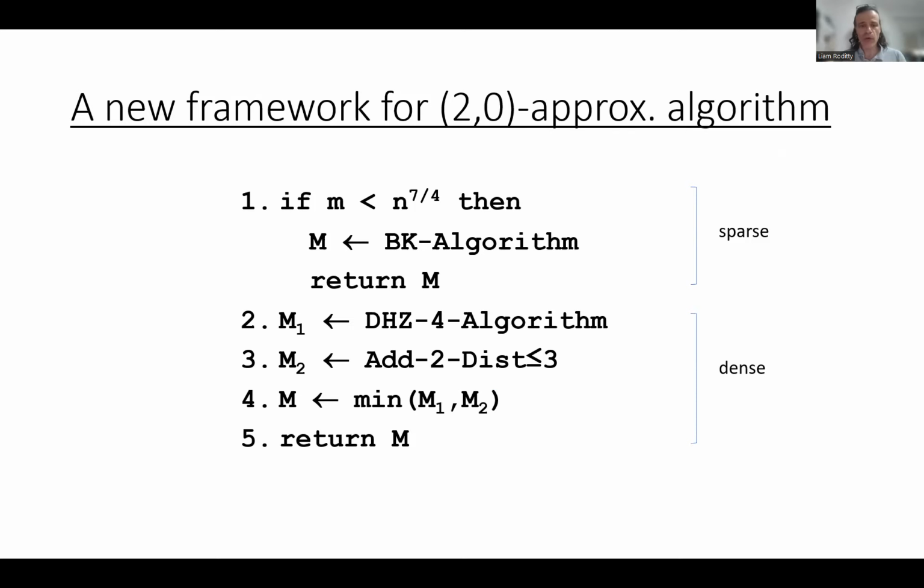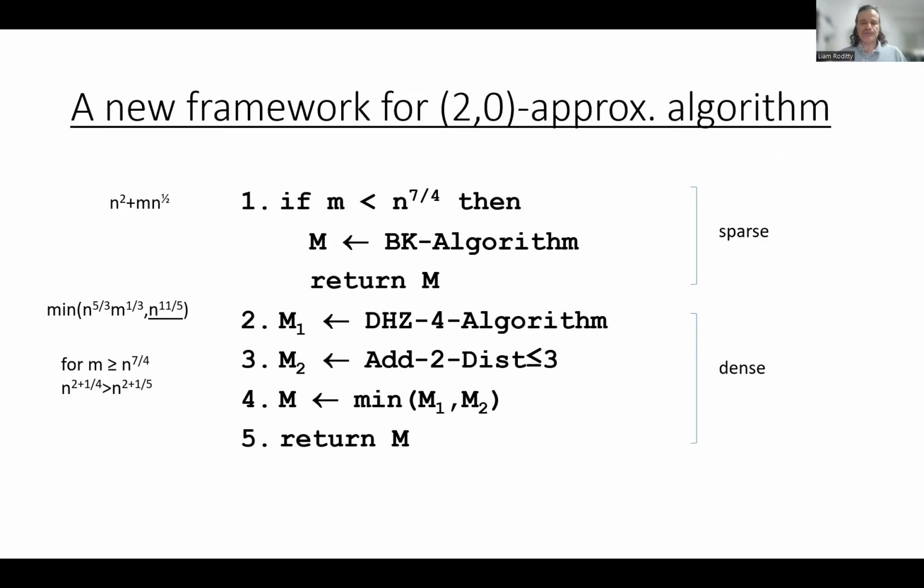So here we use 4 and see what happens. Here is the running time for the sparse case, here is the running time for the dense case. And if we plug in 4, then you can see that we get an improved running time for the dense case, which is much better. But we are missing some information, because for distances 3 and less, we don't have a multiplicative 2 approximation.